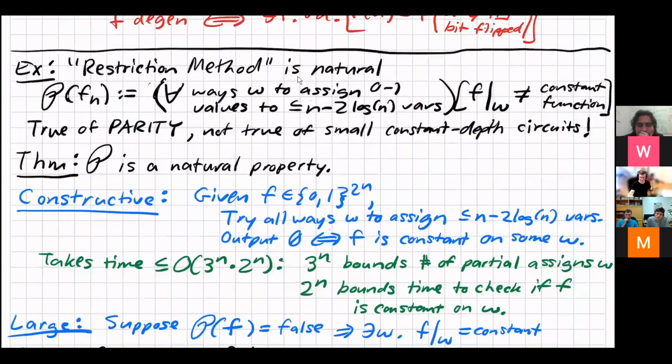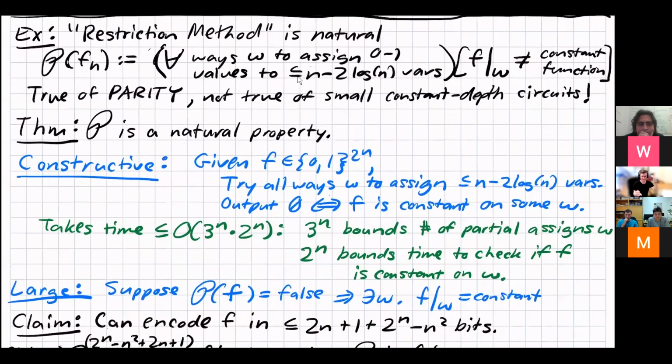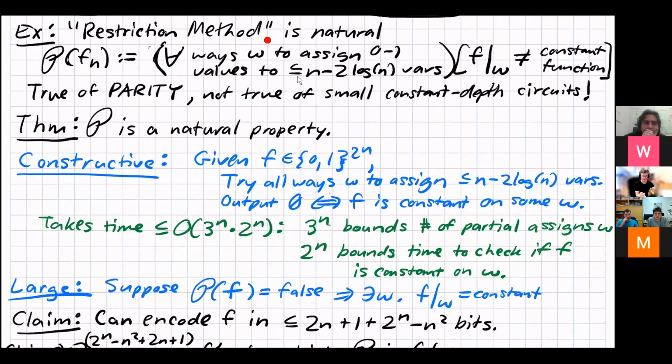All right. So a slightly more complicated example. Consider the restriction method for proving lower bounds. This is roughly saying that we want to know whether, if I restrict some n minus 2 log n variables, all but some small number of variables, do I make my function the constant function?